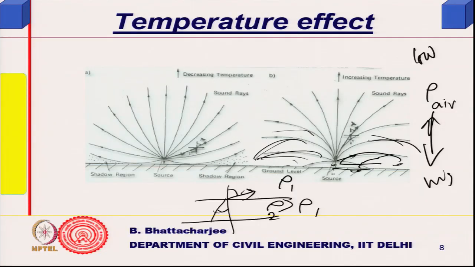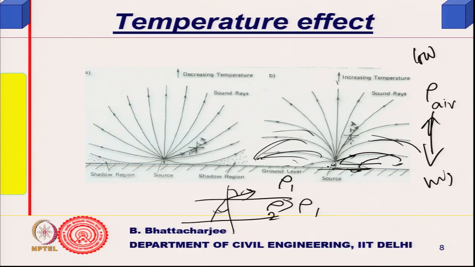So, you have a ground level source not very far off from the ground, and temperature is increasing upward, which means that ground temperature is lower than the air temperature. Now, this will happen actually in the night, because the ground would have radiated heat, or early in the morning.